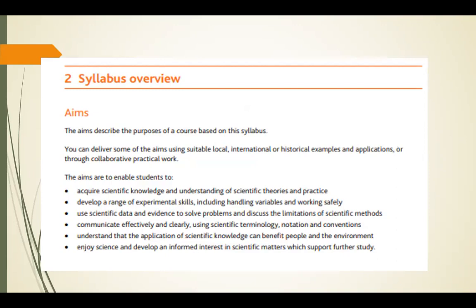The scientific knowledge, it is one of the most important sciences, and you have to acquire that knowledge. And secondly, although in biology there are fewer theories, fewer principles and laws, you have to look into the scientific theories and how we can use them in our daily practices. And then experimental skills.